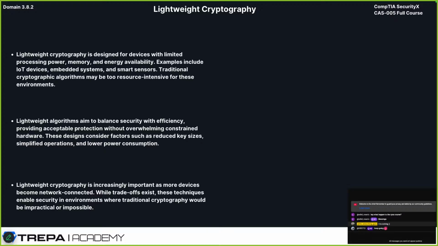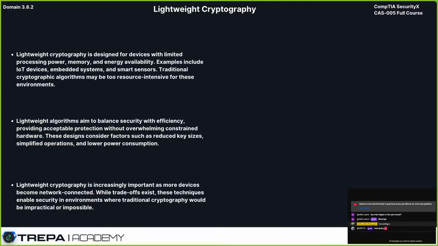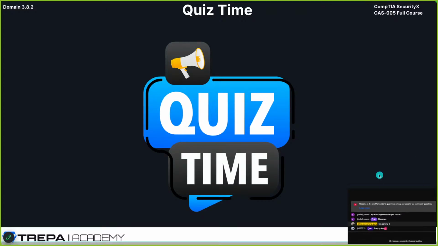Lightweight cryptography is designed for devices with limited processing power, memory, and energy availability. Examples of devices that would use this are IoT devices, embedded systems, and smart sensors. Lightweight cryptography is increasingly important as more devices become network connected. But again, it's just for things with low power consumption, low CPU, whatever the case may be.